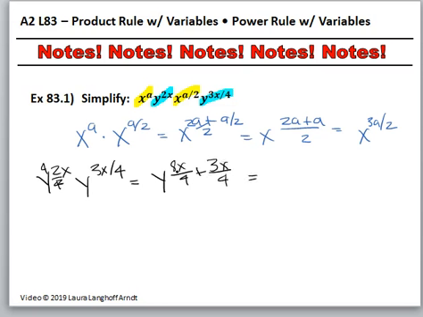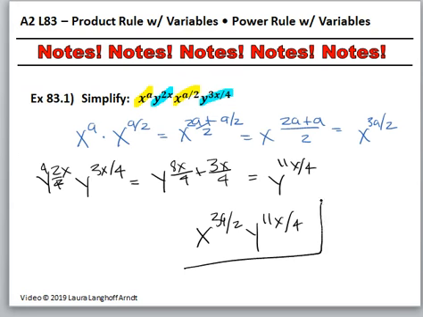And that means we have 8x plus 3x, which is 11x over 4, still a y. So our final answer is x to the 3a over 2, y to the 11x over 4. Ta-da! All right, let's move on.